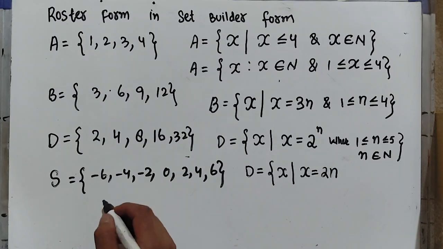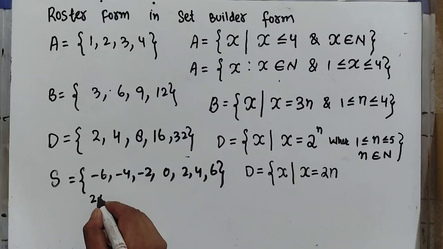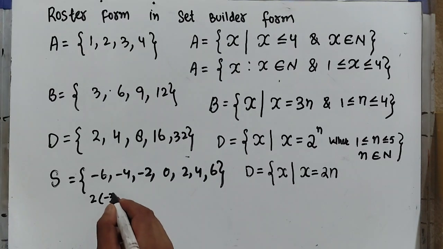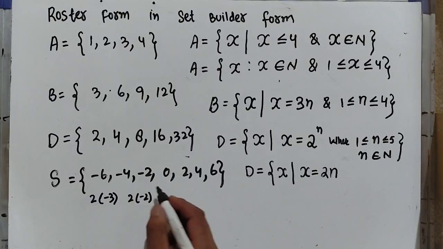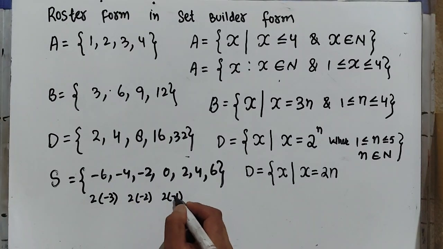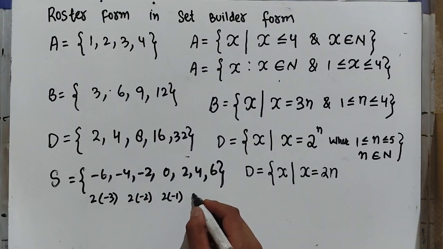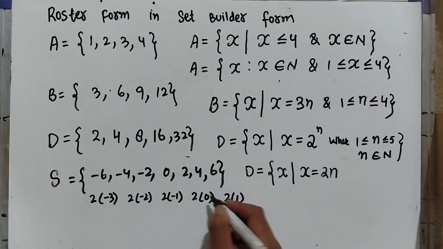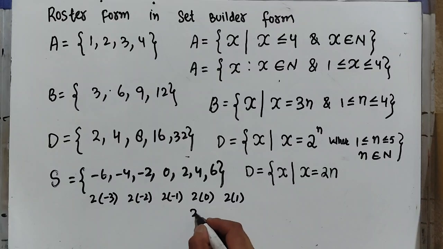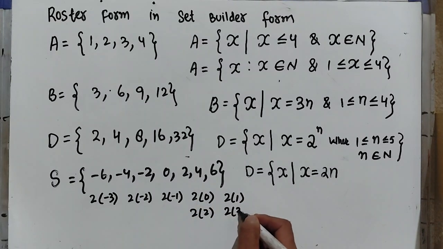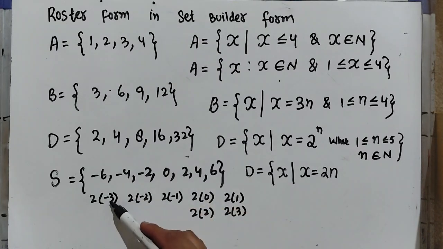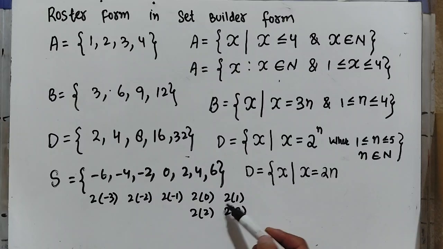If we look, 2 into -3 is -6, 2 into -2 is -4, 2 into -1 is -2, then we have 2 into 0 is 0, then 2 into 1 which is 2, likewise 2 into 2 is equal to 4, and 2 into 3 is equal to 6. Now for n we have -3, -2, -1, 0, 1, 2, 3.